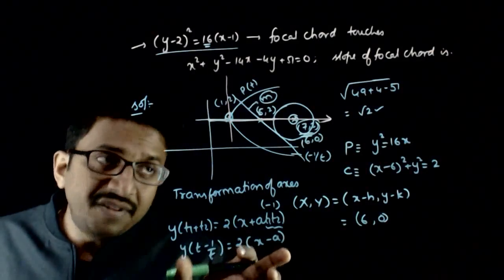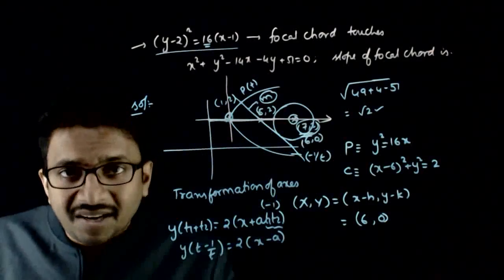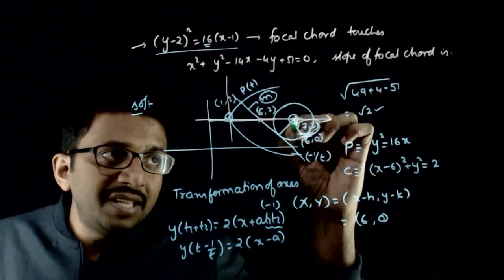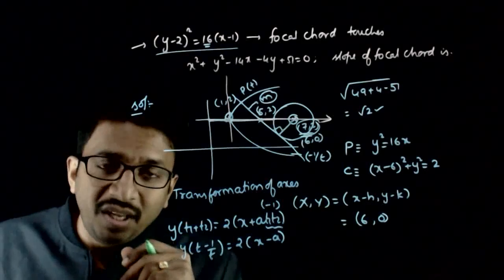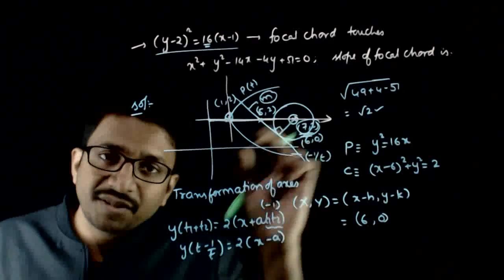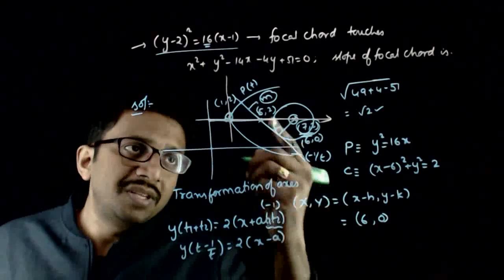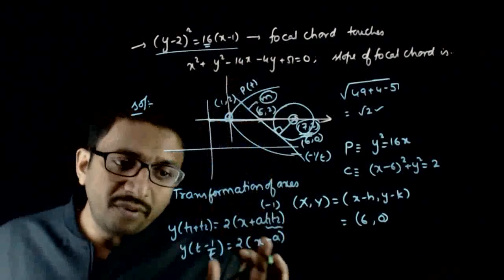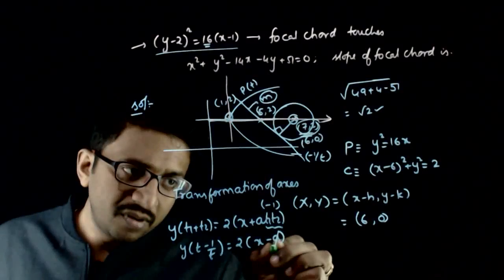Now if this focal chord has to touch this circle, the distance of this chord from the center of the circle has to be equal to the radius of the circle, right? For this parabola, a = 4, so let me substitute this 4.